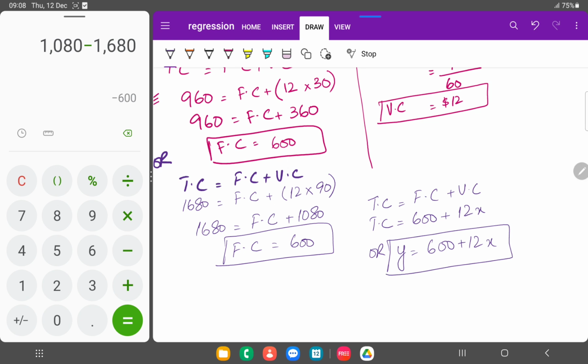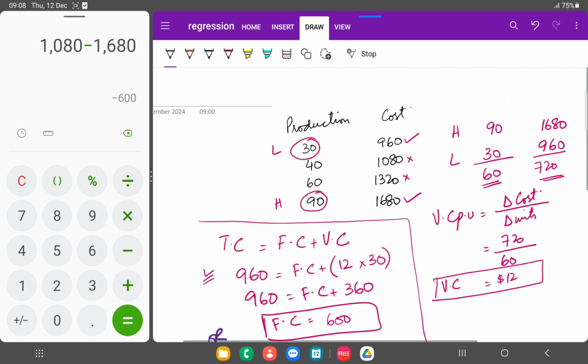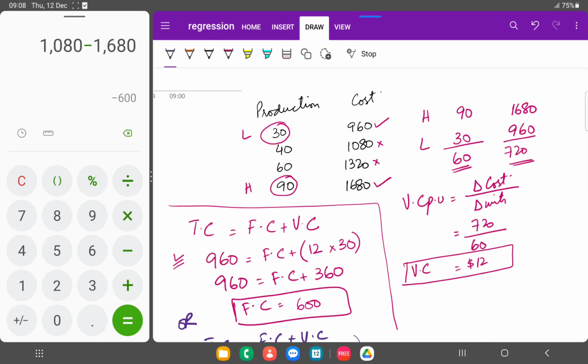So this is one way of separating the fixed cost and variable cost. The problem with this method is that we have not used the middle activity levels. If you want to use all activity levels for the calculation of fixed cost and variable cost, the High-Low method is not suitable, and in that case we use regression analysis.